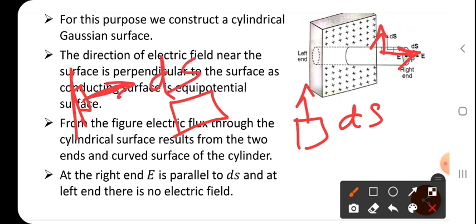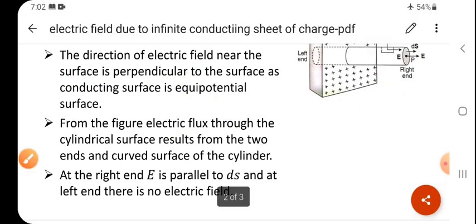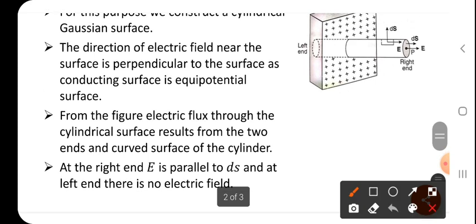On the curved surface we draw ds upside only, but charges are present this side and the field is present this side. So because of that ds is upside and E is this side.